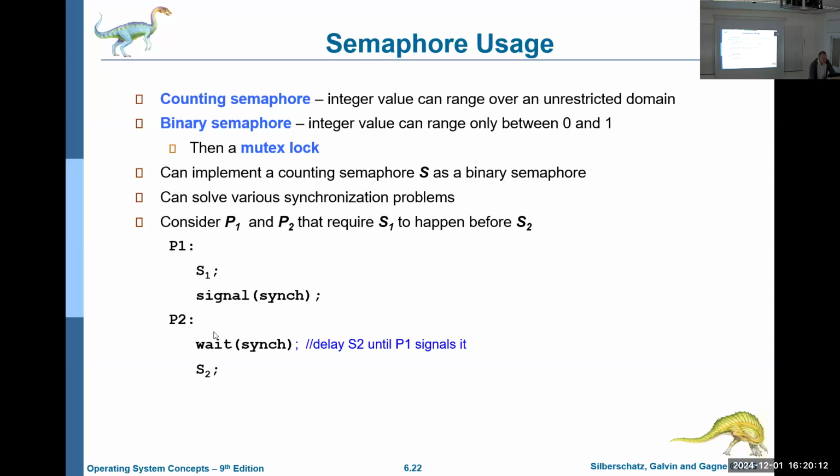Simple. I just have S2 do a wait on this variable, which will be set to false. It will wait there until process one signals it with the sync. In other words, it'll say signal sync, and that will release P2 to continue. So P2 won't do S2 until S1 has already happened.